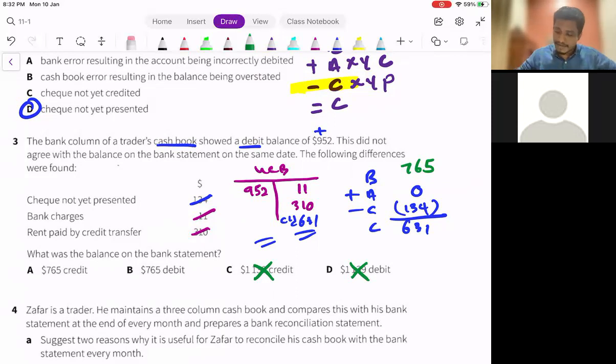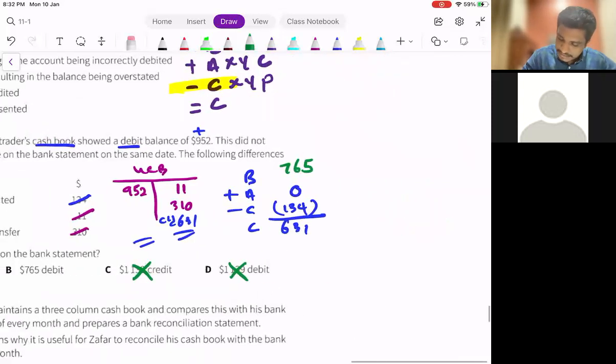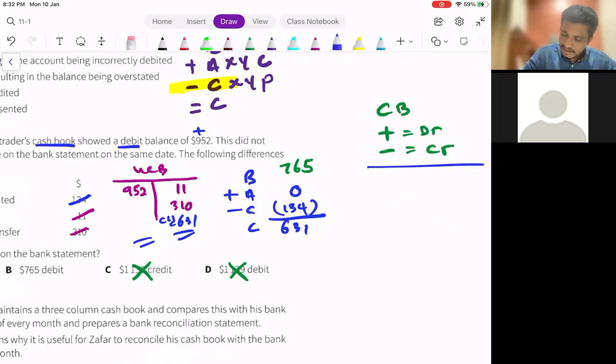How to decide debit or credit? Do you remember? For cash book, a positive balance will be on the debit side and a negative balance will be on the credit side. But for the bank statement, a positive balance will be on the credit side, negative balance will be on the debit side.